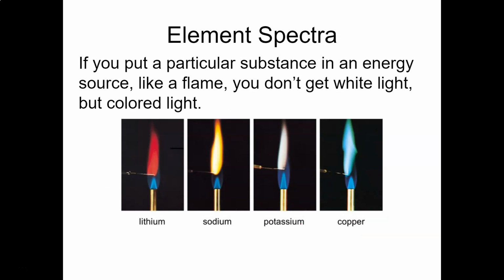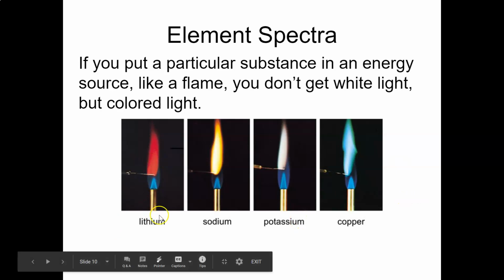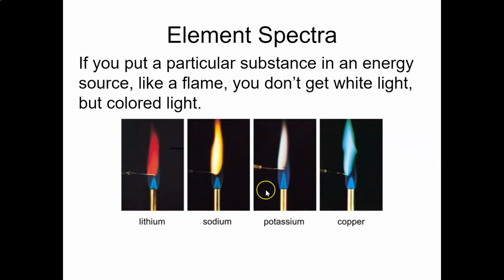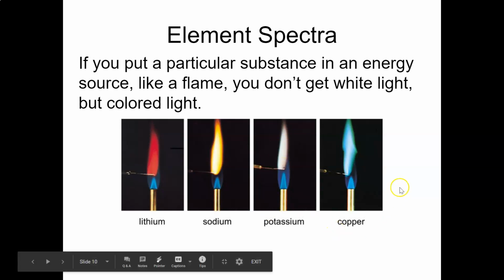So if you remember last year, we did a couple lab activities where we played around with colors. One of them was something called a flame test. We put various substances, ionic substances, in a flame to see what would happen with the colors. And so what you wind up with is, for example, lithium gives you red, sodium gives you orange, potassium gives you, that's supposed to be like a lavender color. It looks a little more white than lavender. Copper gives you a bluish greenish color.